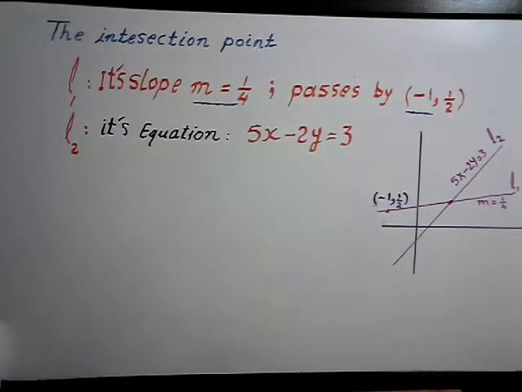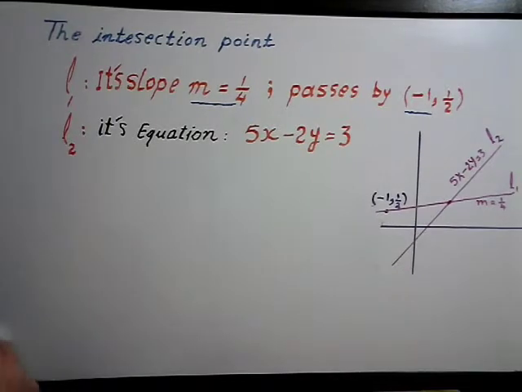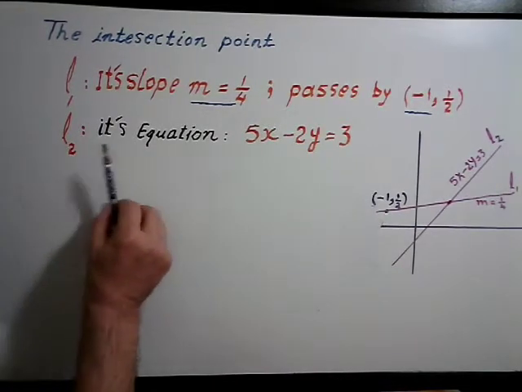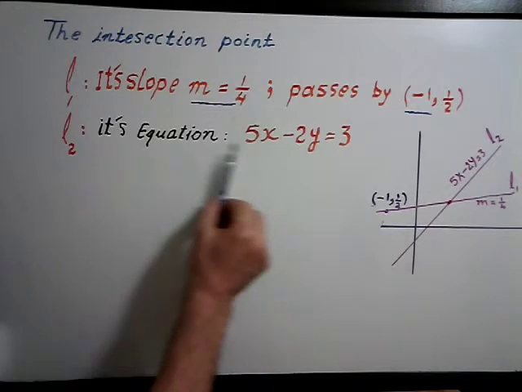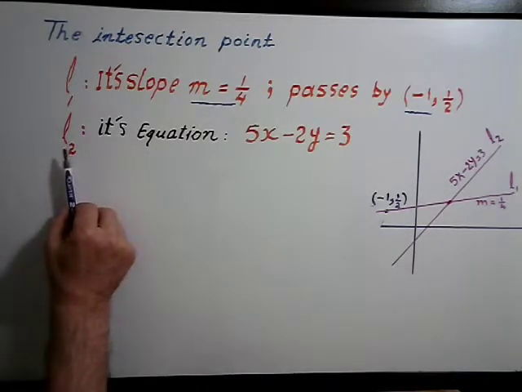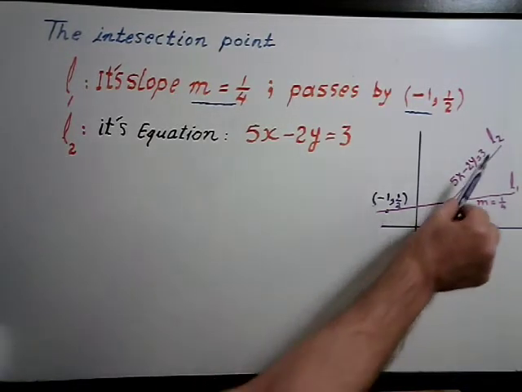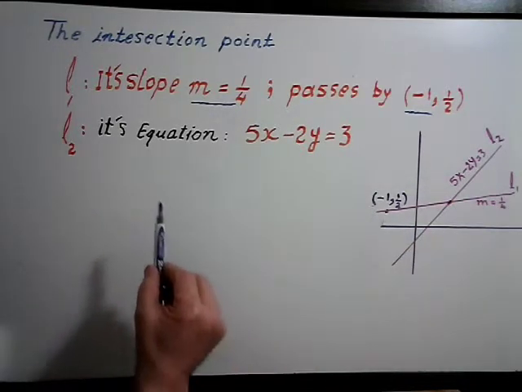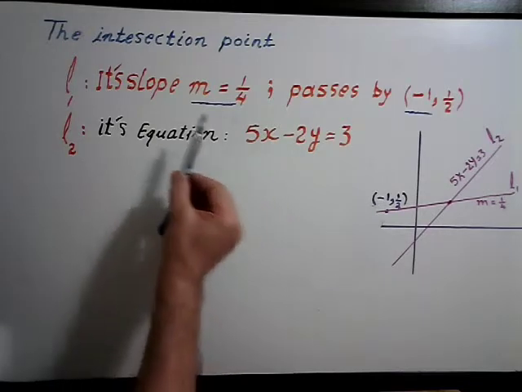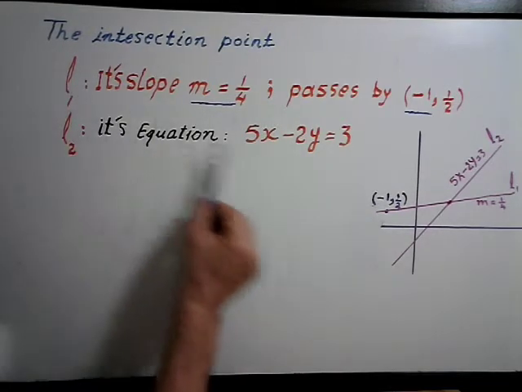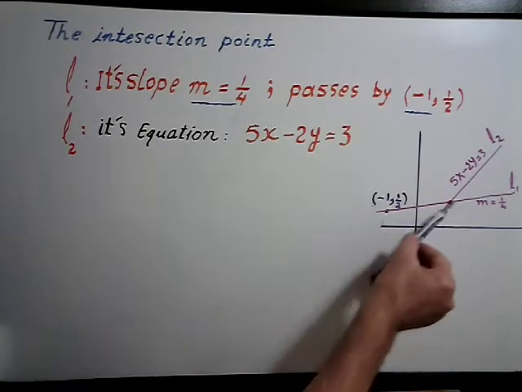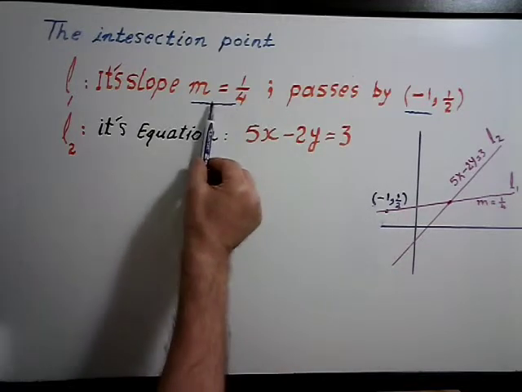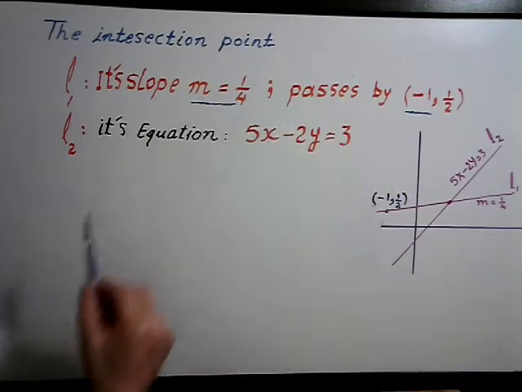I have here two lines, one of them with known equation. I denoted it by L2, which is this line, and the other one, L1, I don't have its equation, but I have two pieces of information about it.